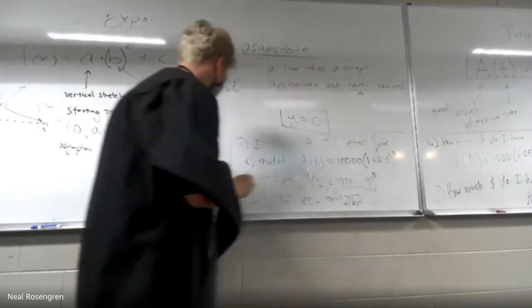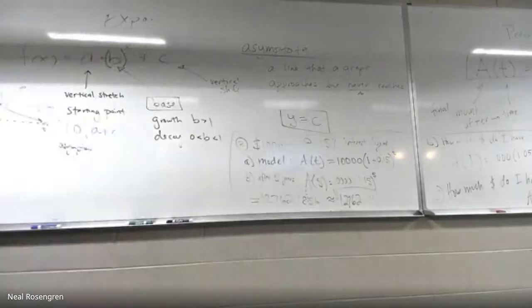Now, here's the problem. As nice as it would be to get that extra half a penny, you think the bank's just going to be giving out half pennies? When the bank is calculating how much money to give you, they will always round down. But the other side of that, when they give you a loan, let's say a car or student loans or for a house, you think they're ever gonna round down?